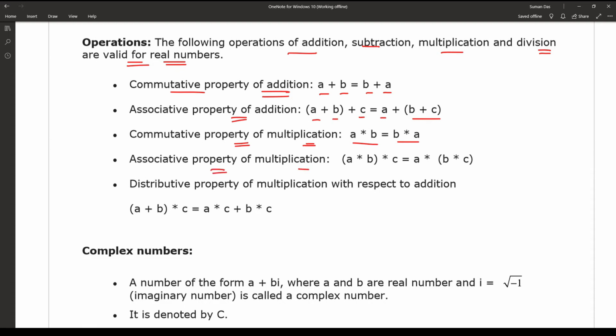Associative property of multiplication: a into b into c is the same however grouped. And the distributive property of multiplication with respect to addition: a plus b into c is equal to a into c plus b into c. Check, c is distributed with a and b, that's why it is known as the distributive property.